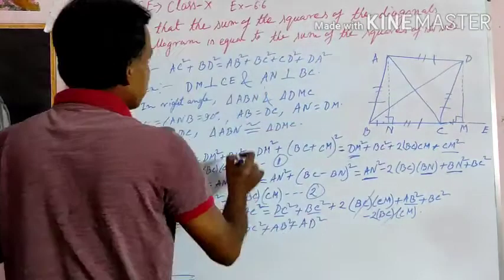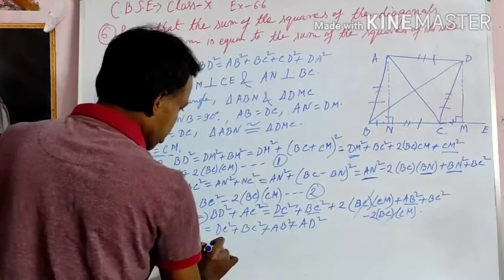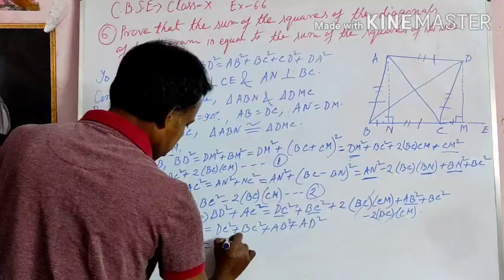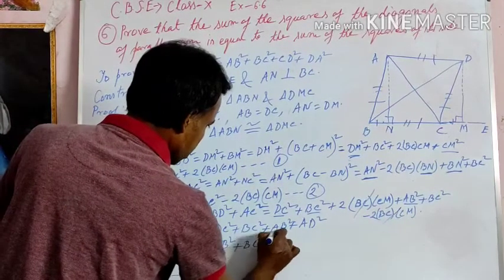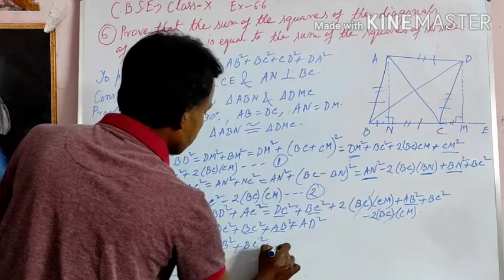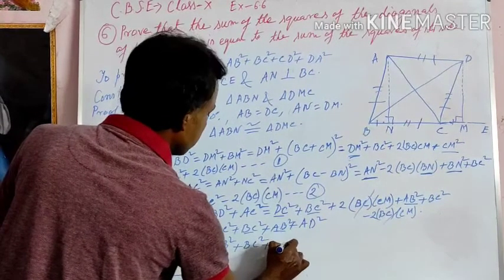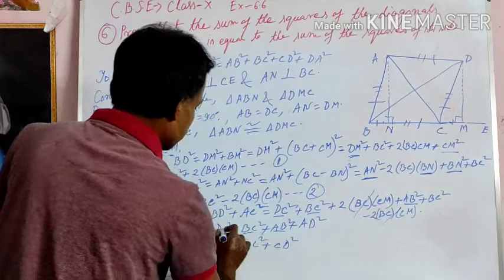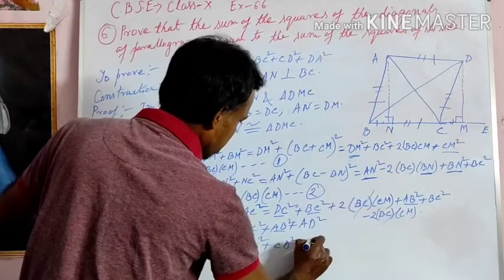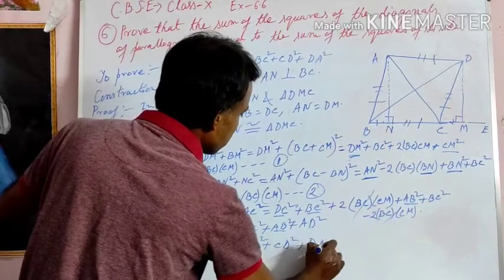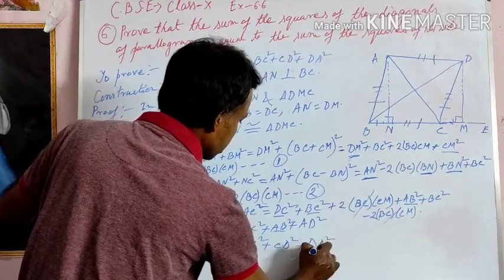So this is AB square plus BC square plus CD square plus AD square, DA square or AD square same. Proved.